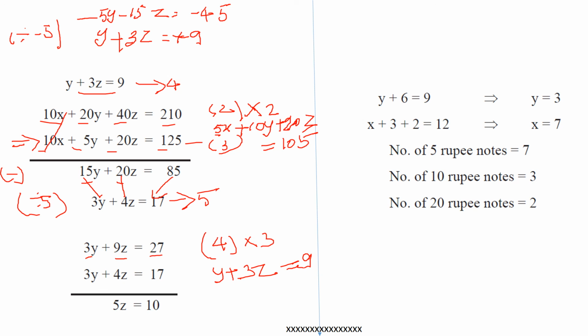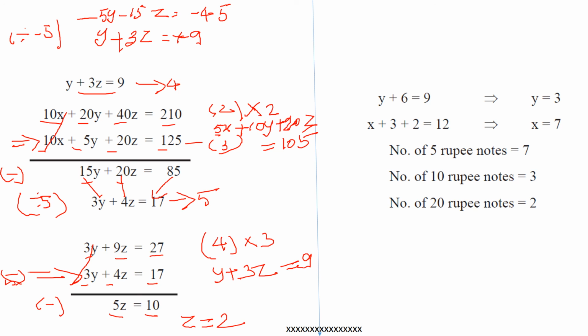Our fifth equation is 3y plus 4z equal to 17. So subtract these two equations. So change the sign. 3y minus 3y will cancel. 9z minus 4z 5z. 27 minus 17 equal to 10. Therefore z equal to 10 by 5 2.